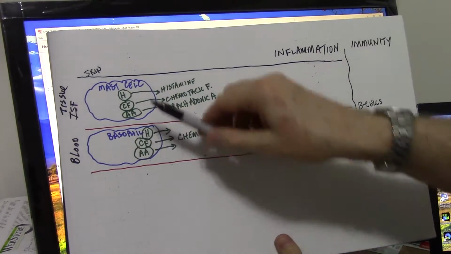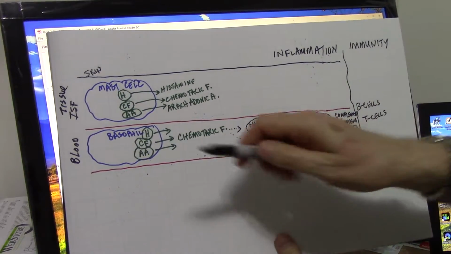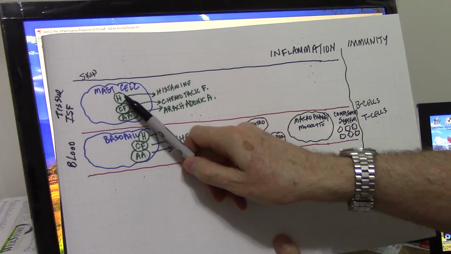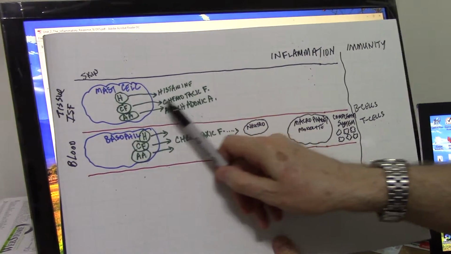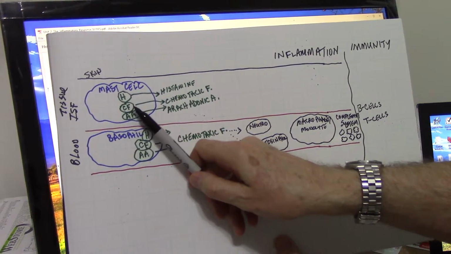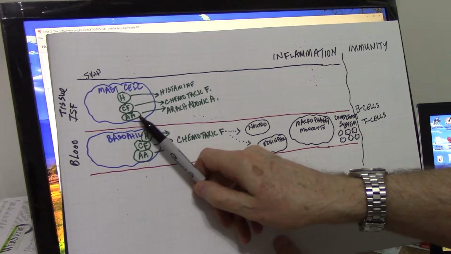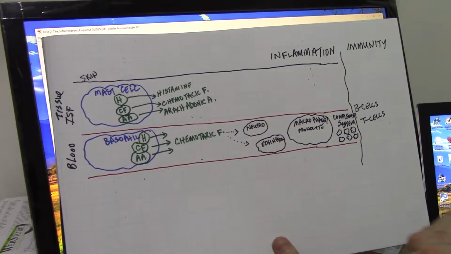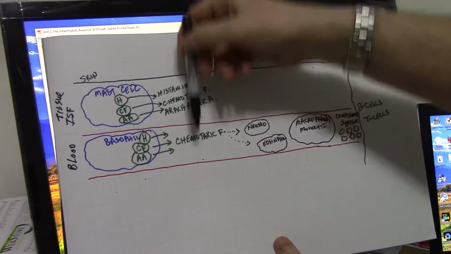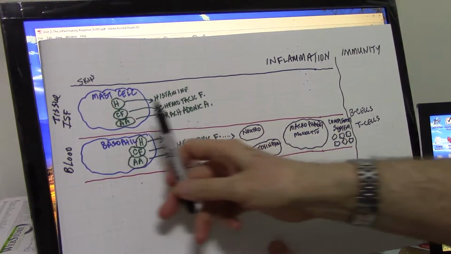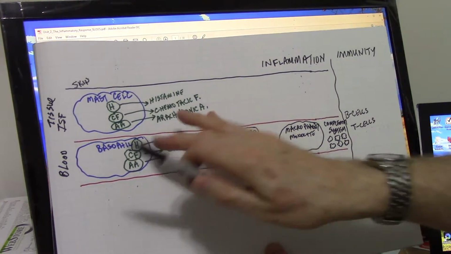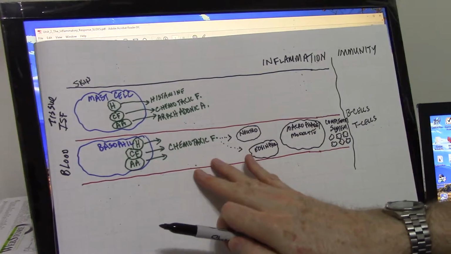And they contain many things, but three of the most important compounds they contain are histamine, which is H, chemotaxic factors, which I'm abbreviating CF, and then something called arachidonic acid. Okay, now, if we have an injury, they will degranulate. They will release this stuff into the tissue and into the bloodstream.